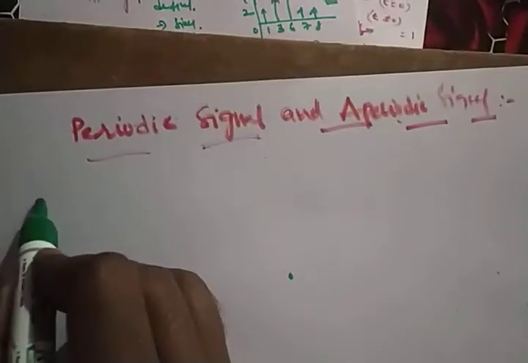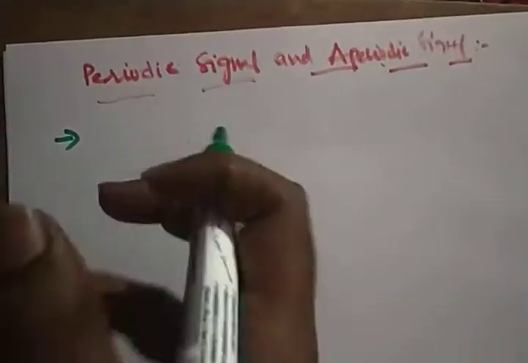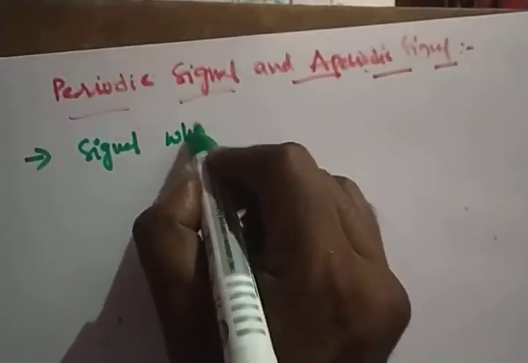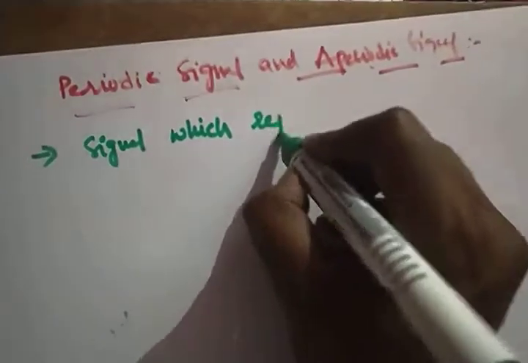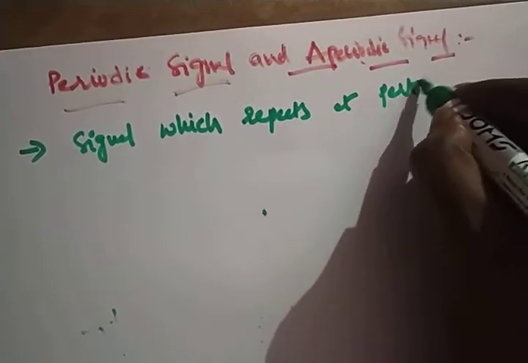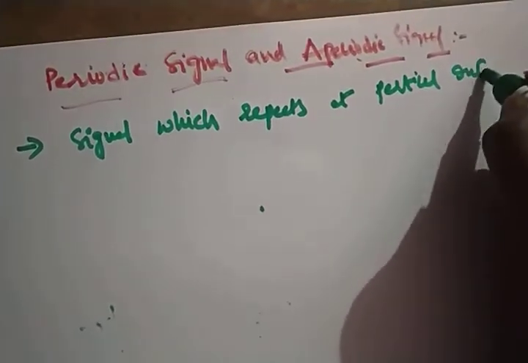So what is a periodic signal? Periodic means the signal which repeats at a particular interval of time.